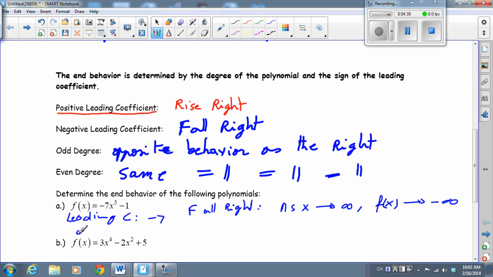Now, the odd power, or odd degree, will tell me the opposite behavior as the right, meaning as x approaches -infinity, f of x will approach positive infinity. Complete opposite of the top one. Here is positive, here is negative, here is negative, here is positive.